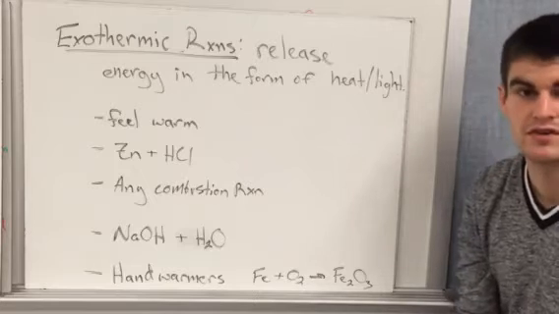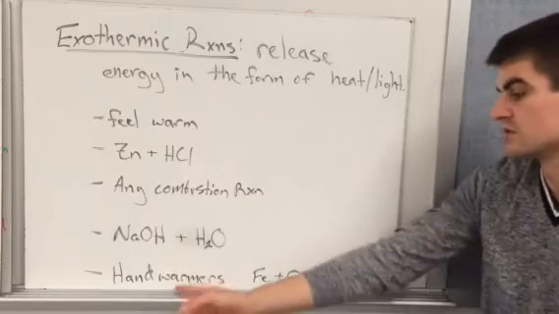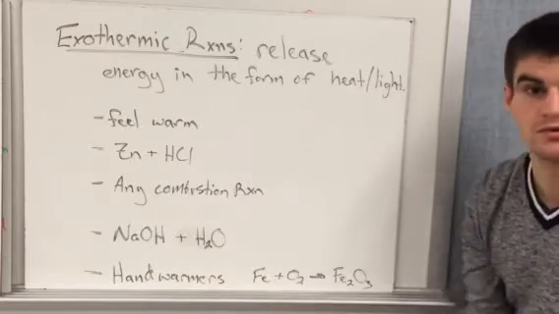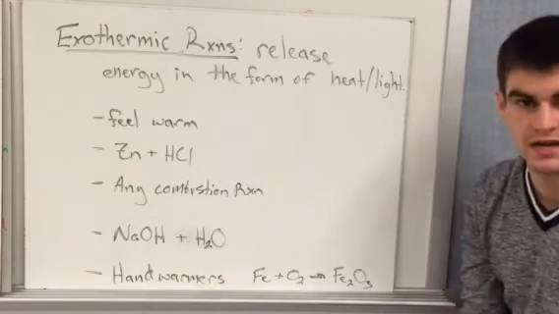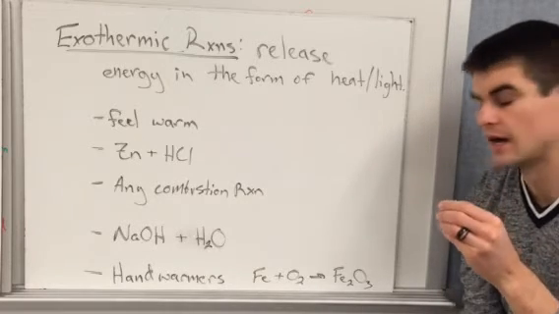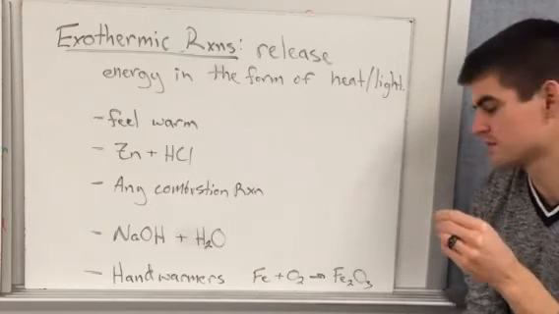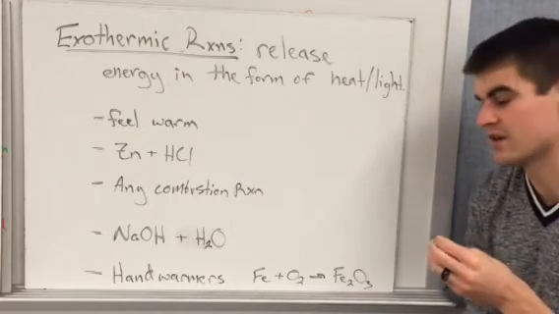And then a practical use of this is hand warmers. Next time you have one, feel that white packet. You feel kind of like grains or something like that. Those are just grains of iron.